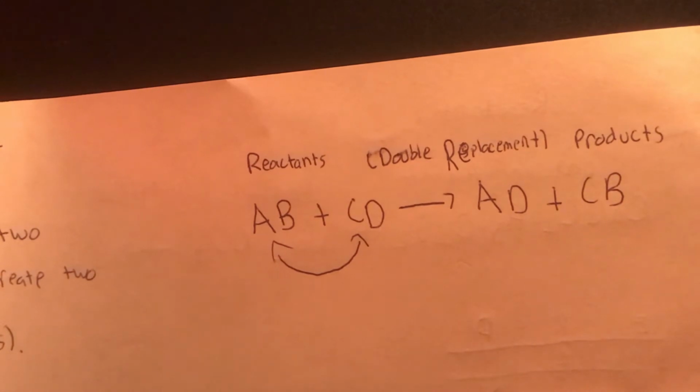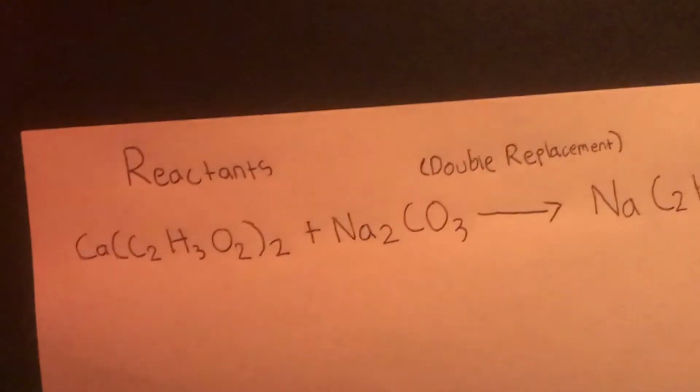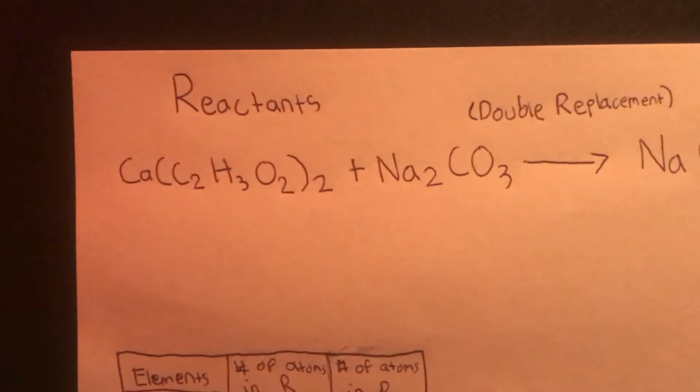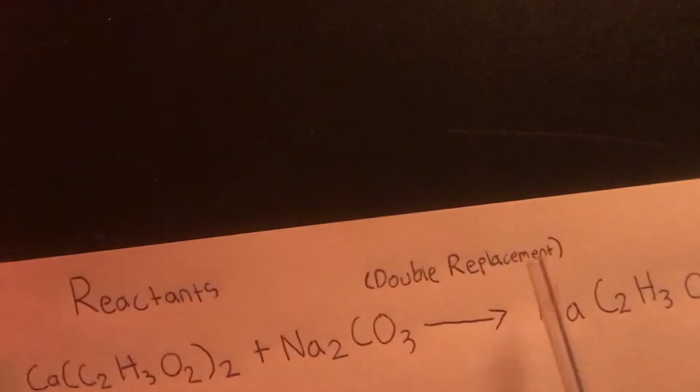Now, if we plug in this formula to our reactants and products, we get sodium acetate and calcium carbonate for the products, and calcium acetate and sodium carbonate for our reactants on this side. And here are our products on this side.